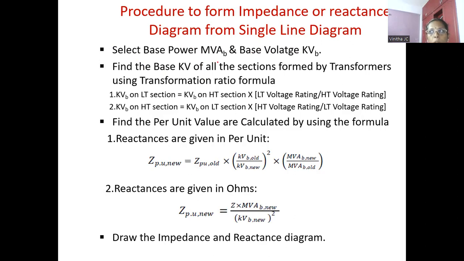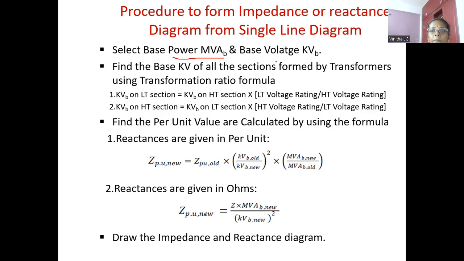Suppose in the problem, if this MVAB is not specified, then we need to take the highest MVAB value given in the components. So whether it is a generator or transformer or transmission line, whichever MVA is the higher value will be chosen as base MVA. This is the first point.